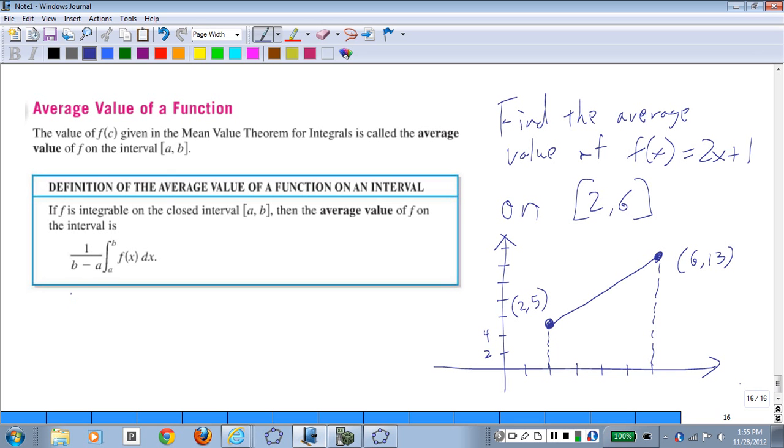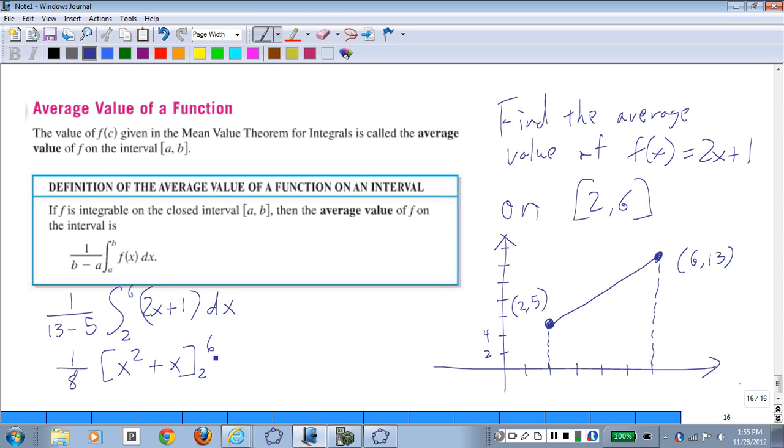It's going to be 1 over 13 minus 5 times the integral from 2 to 6 of 2x plus 1 dx. We're going to hope we get 9 out of this. This is 1 over 8 times, okay, we need an antiderivative. How about x squared plus x?